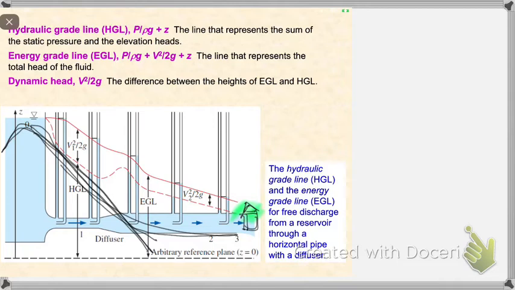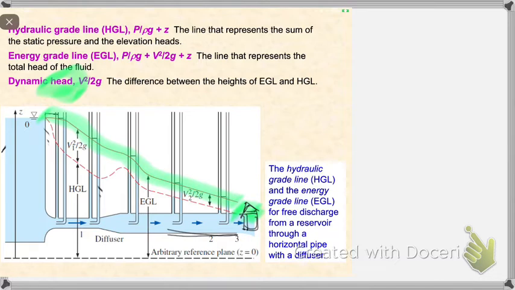So the difference between these two lines: the first one is called the energy grade line. The energy grade line is this solid line. It's basically the whole energy that you can get from any point along that line. And the hydraulic grade line is the one where you disregard the dynamic head, which is the velocity effect.